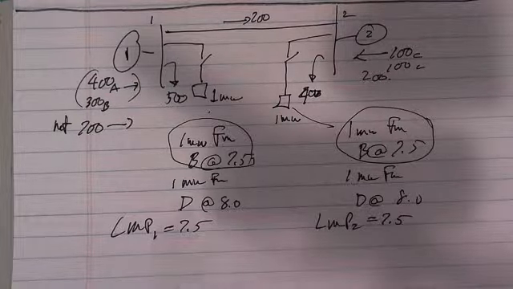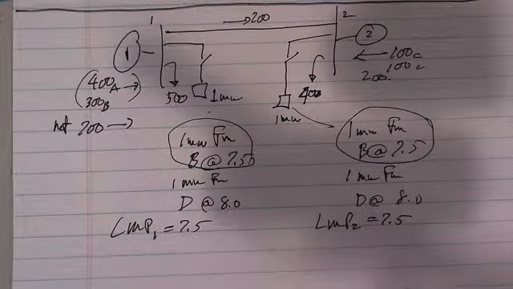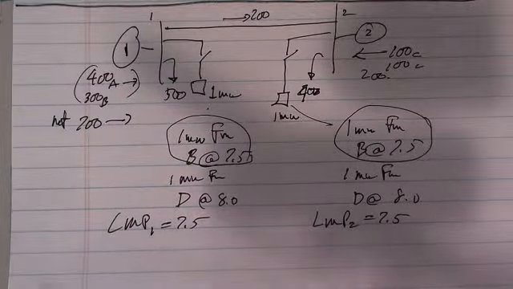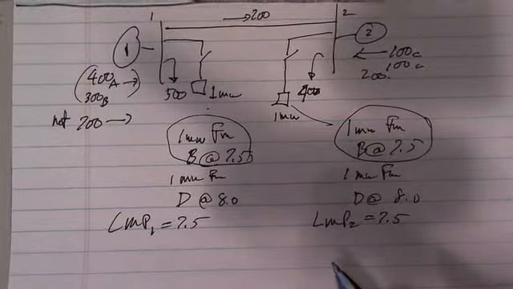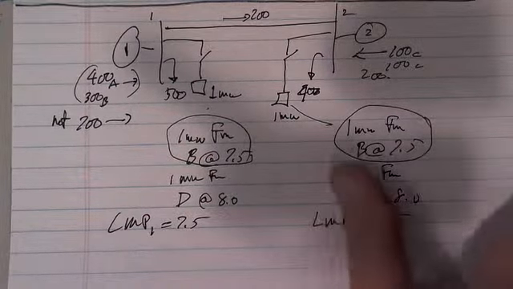If you're ignoring losses and you see equal LMPs, then you know that there's no limiting taking place in the transmission system. We'll see that in a couple seconds here, but just so that you notice that.